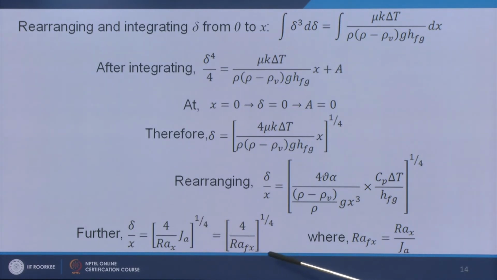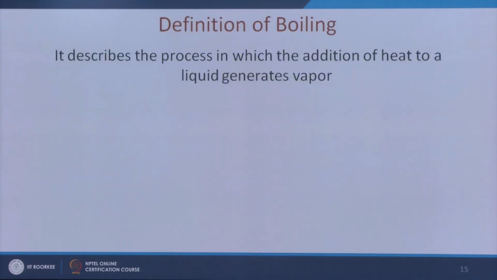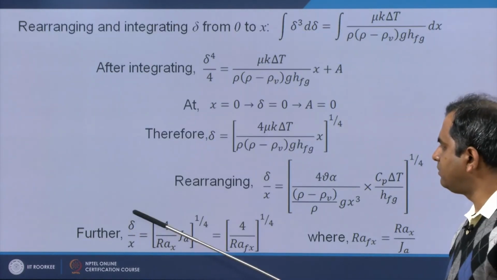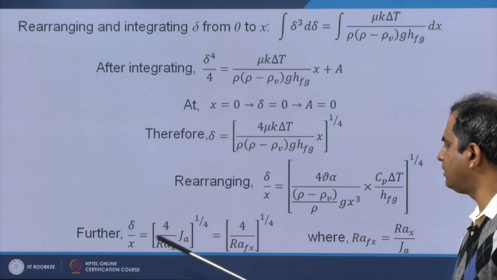So, ultimately we can write that film Rayleigh number is nothing but Rayleigh number by Jacob number. So, this becomes delta by x is equals to 4 by film Rayleigh number to the power 1 by 4.